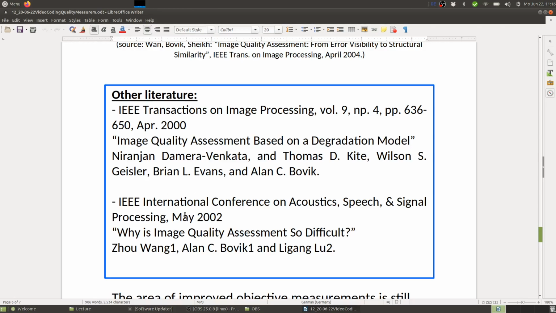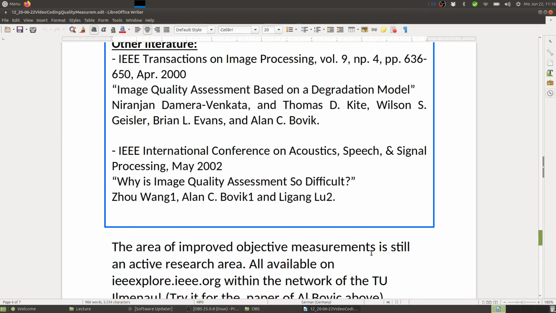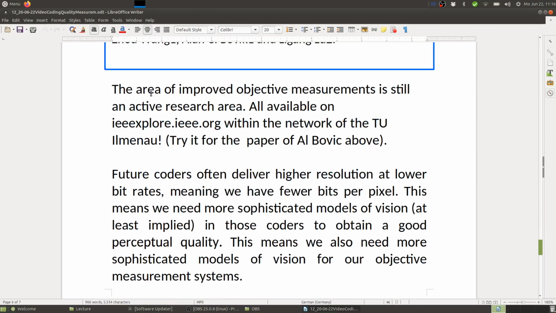And then in 2002, at the International Conference on Acoustics, Speech, and Signal Processing, short ICASSP, a paper with the title "Why Is Image Quality Assessment So Difficult?", also from Bovik's group. The area of improved objective measurement is still an active research area. And as I mentioned, they are all available on IEEE Xplore within the network of the TU. So maybe I can add that here.